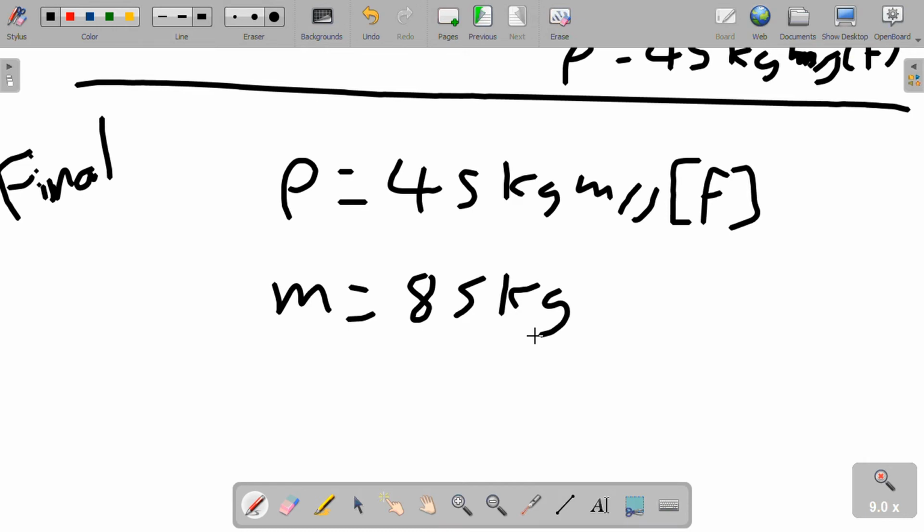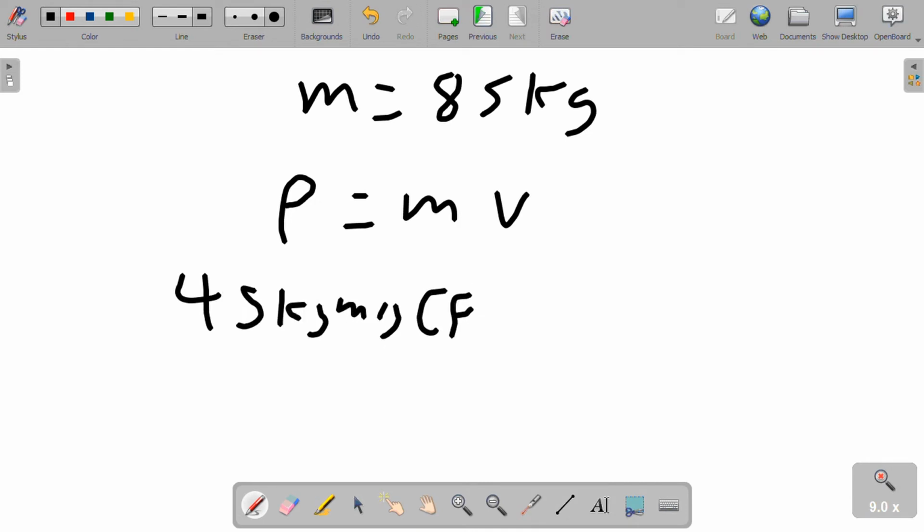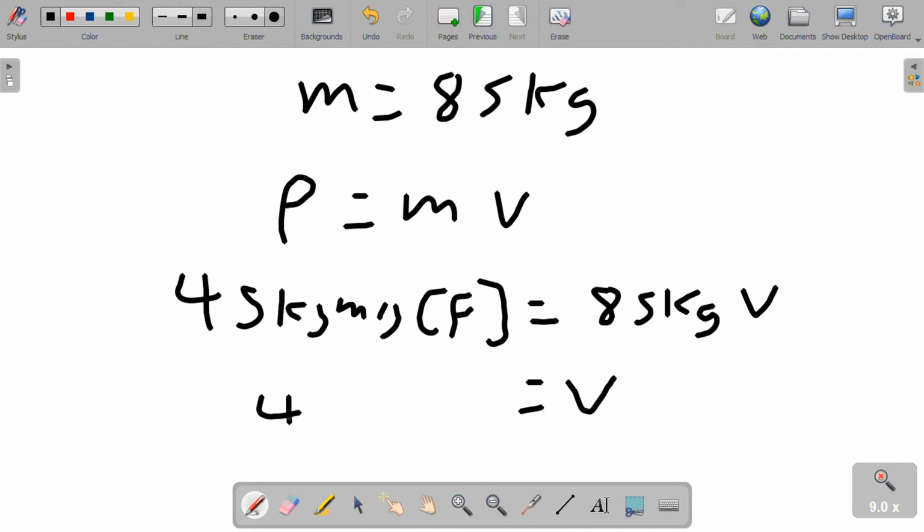Now remember, momentum is mass times velocity. So that means that our 45 kilogram meters per second forward is equal to our 85 kilograms times our unknown final velocity. Now all we've got to do is divide both sides by 85, and the final velocity is 45 divided by 85 meters per second, and that's going to be forward.